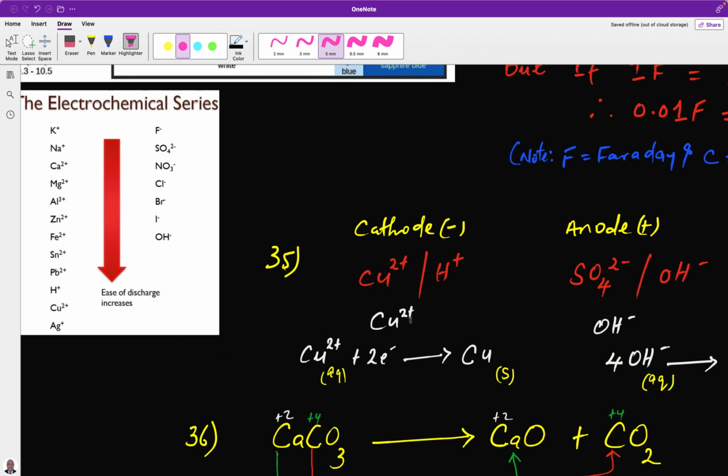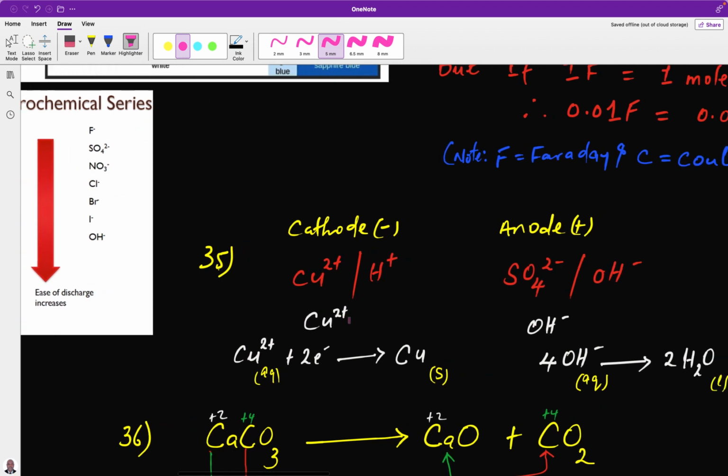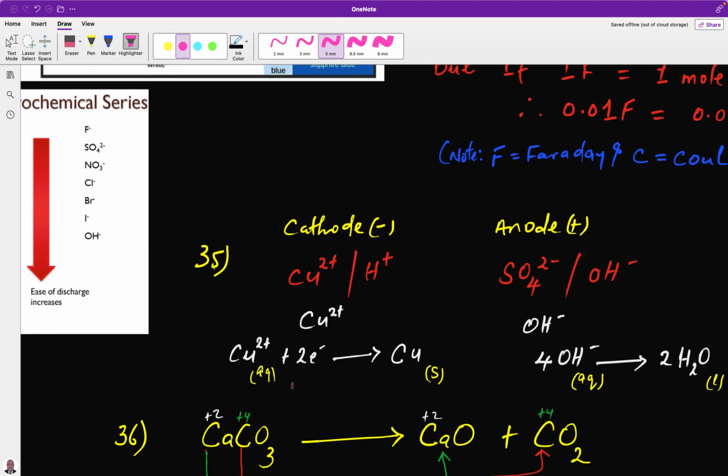Our equations are now going to be based on copper and the OH. At the cathode, the copper is going to be reduced. It's going to gain electrons to form copper solid. So reduction takes place here from copper 2 to copper 0, and copper solid is deposited at the cathode.